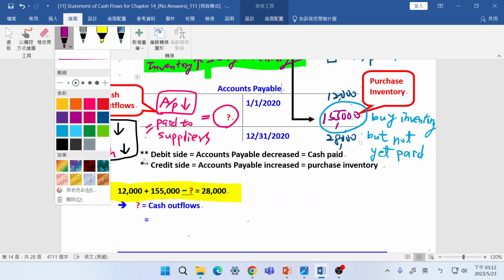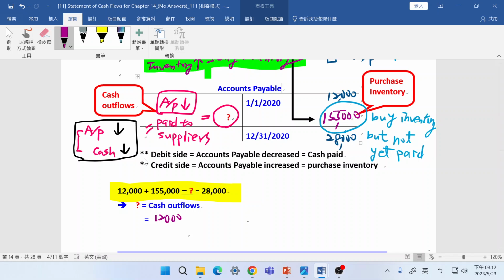It should be $12,000 plus $155,000 minus $28,000. So you got a cash outflow of how much? $139,000.